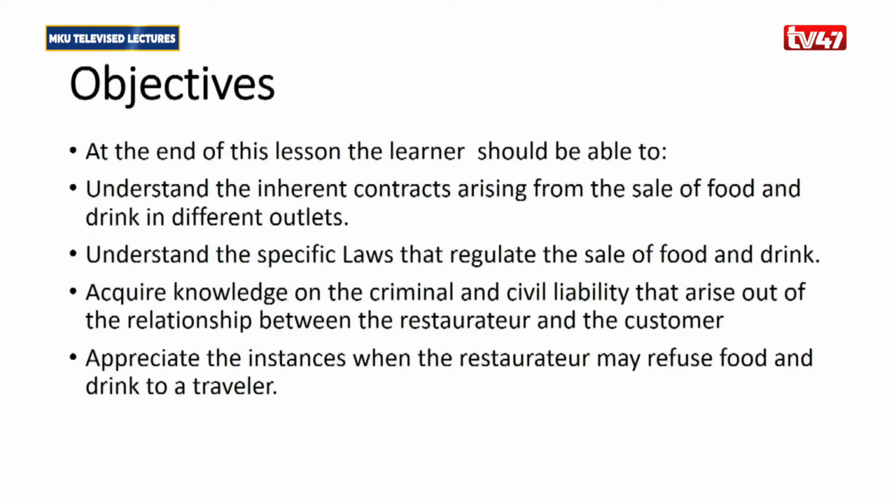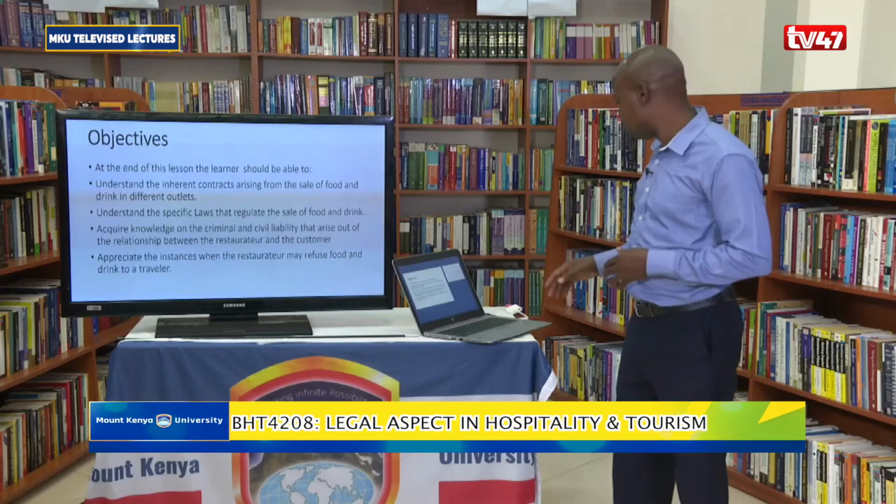Three, acquire knowledge on the criminal and civil liability that arise out of the relationship between the restaurateur and the customer. And finally, to appreciate the instances when the restaurateur may refuse food and drink to a traveler. When we talk about restaurateur, that simply means the restaurant owner.